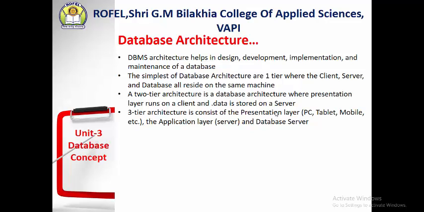Same way, the three-tier architecture contains three layers: presentation layer, application layer and the database server. The presentation layer means your PC, tablet, mobile, on which your output will be displayed. Then the application layer, that is the server, and your data is stored on the database server. So these are the three different architectures of the database. I hope you understand this database architecture.